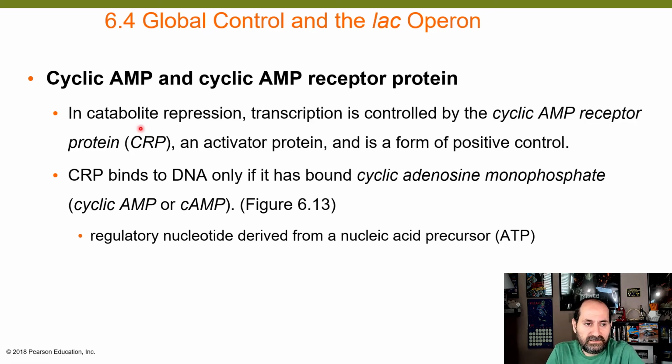In catabolite repression, transcription is controlled by the cyclic AMP receptor protein, CRP, an activator protein, and it is a form of positive control. CRP is the cyclic AMP receptor, and it is an activator. CRP binds to DNA only if it is bound to cyclic adenosine monophosphate, or cAMP.